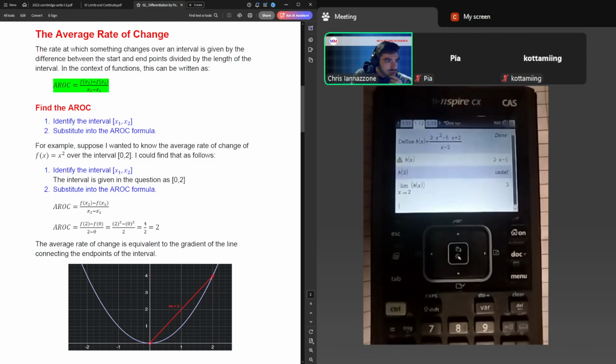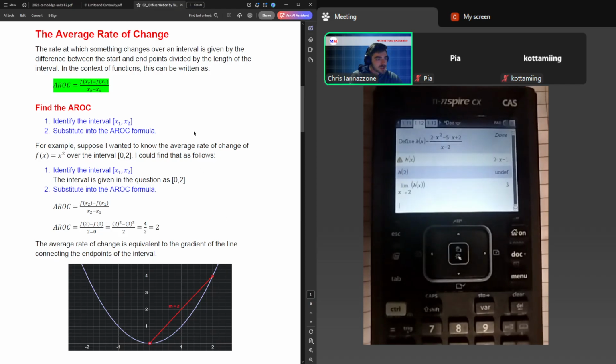You guys all probably know this as rise over run, or y2 take y1 on x2 take x1. They're all referring to the same equation. The reason this matters is because we're going to adapt the average rate of change equation to eventually give you not the gradient over a domain of values, but the gradient at a specific point.